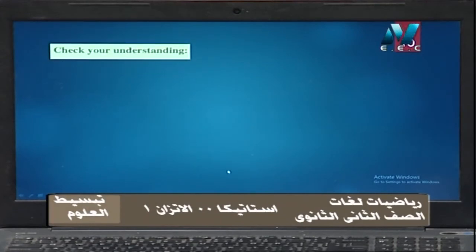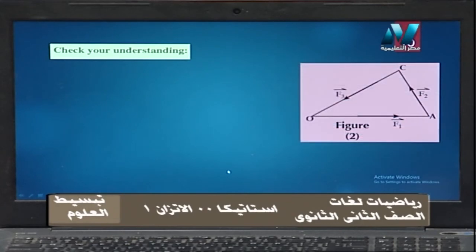To check your understanding, F2, F3, F1 can now be represented on the sides of a triangle, and concentrate here, you find them acting in cyclic order. This is the direction, after it F2, after it F3.